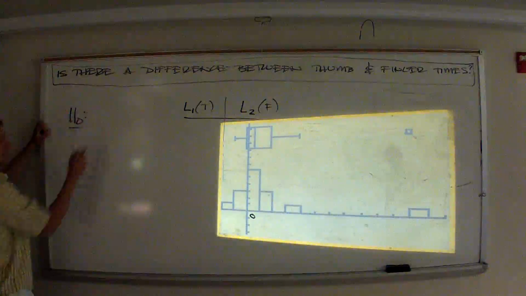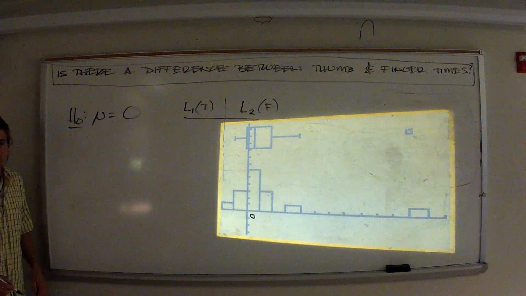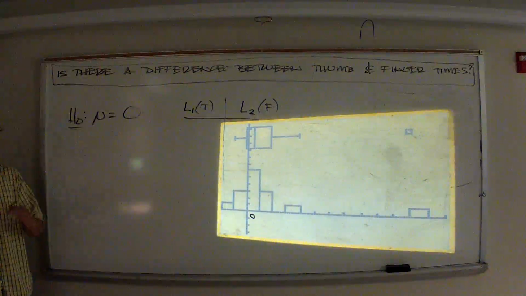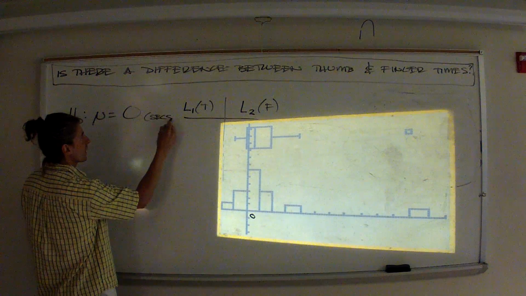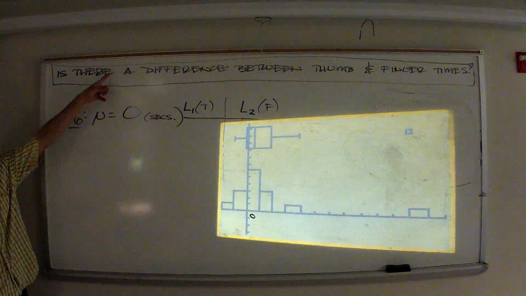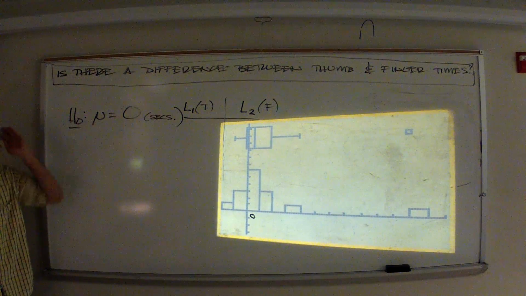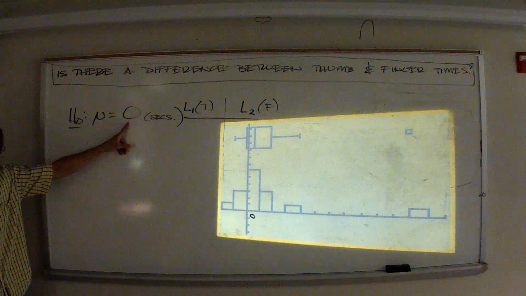Your H naught is going to be mu equals 0, and if you want a unit on that, it would be seconds. So in other words, assuming that the thumb and the index finger are not different, there shouldn't be any difference in the times. Does that make sense? Yep.